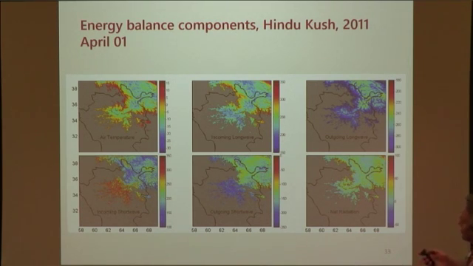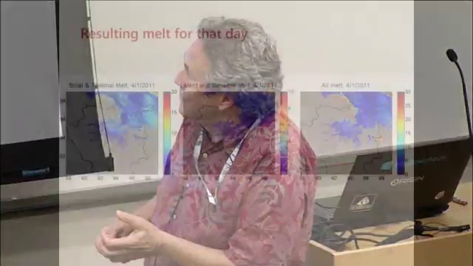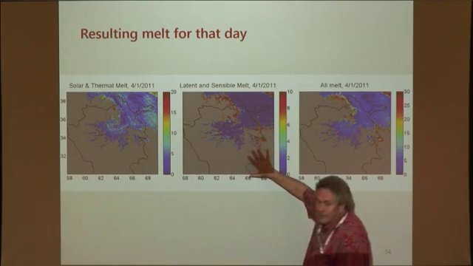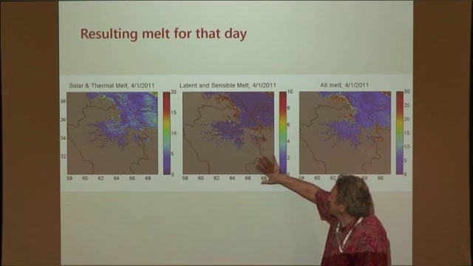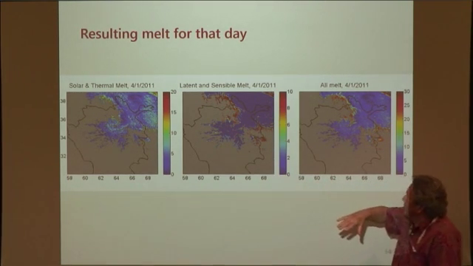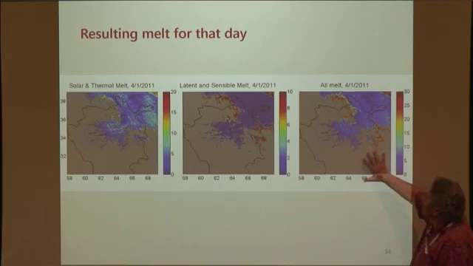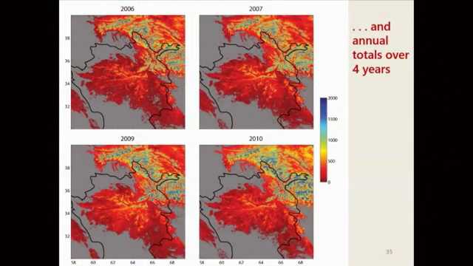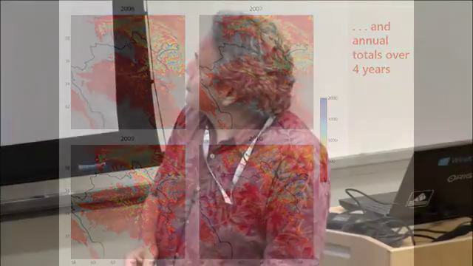So we can get each of these inputs to the model over every pixel, and then we can calculate how much melt is coming from the radiation, what's coming from the sensible and latent heat flux, which is a function of temperature and humidity, and then we can get all the melt for a particular day, and then we can do it for every day for every year. And so this is showing the variability that we've seen in the years.